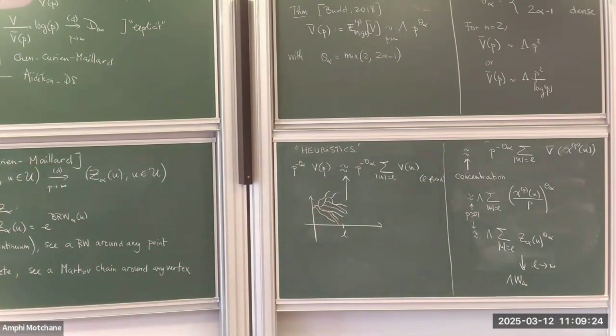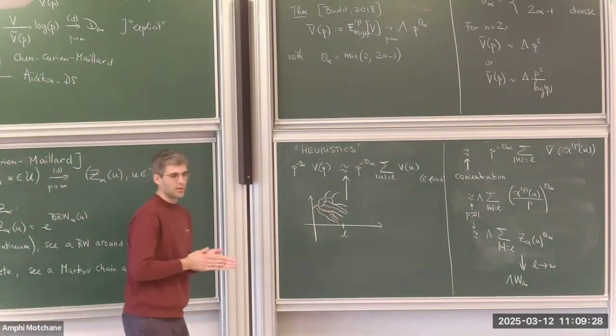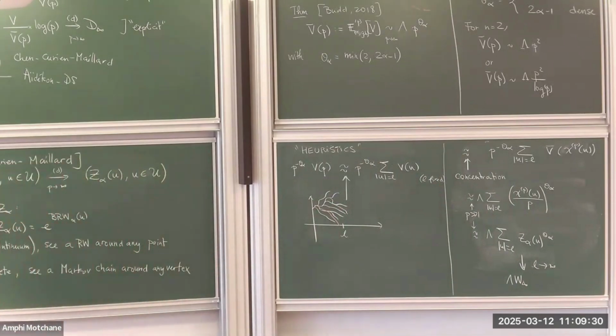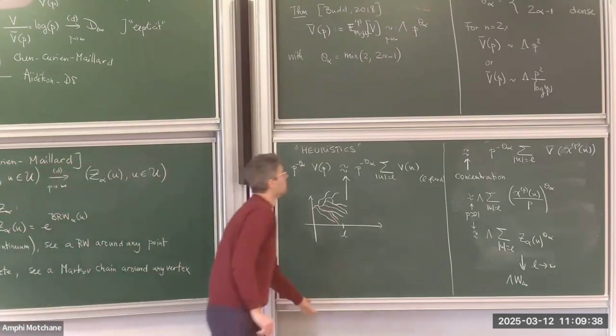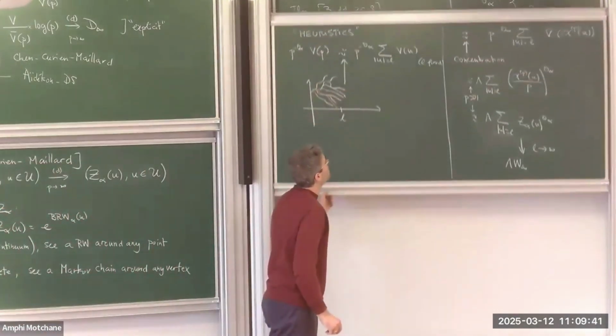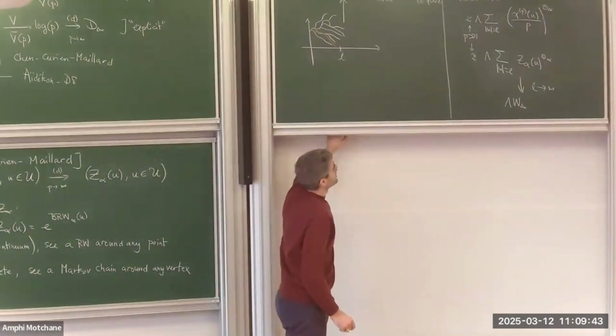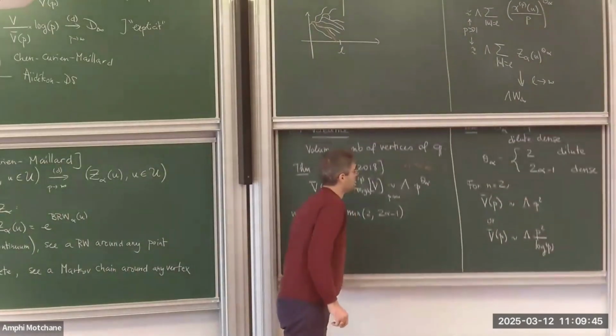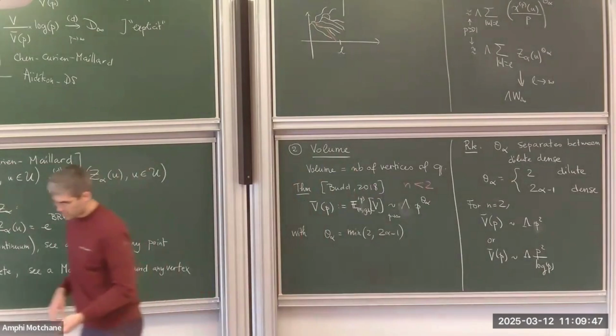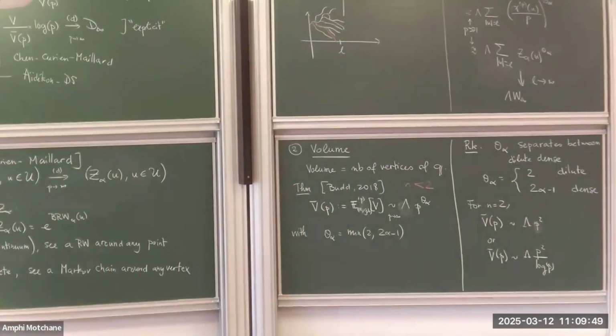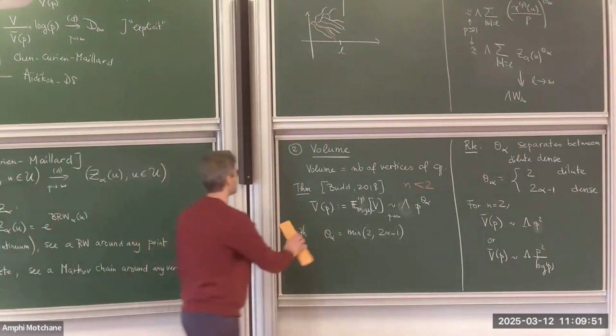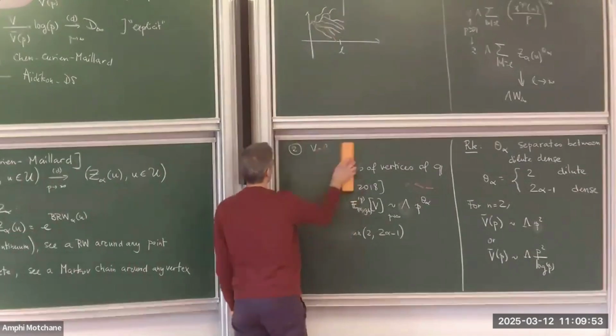Okay, so it seems that everything is proven, but for this concentration argument in the n less than 2 cases. But if you want to prove concentration, this is actually the hard part of the claim, and I want to spend a bit of time to see why this fails.